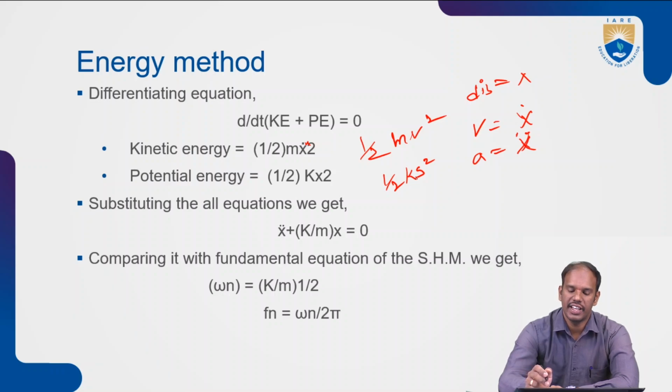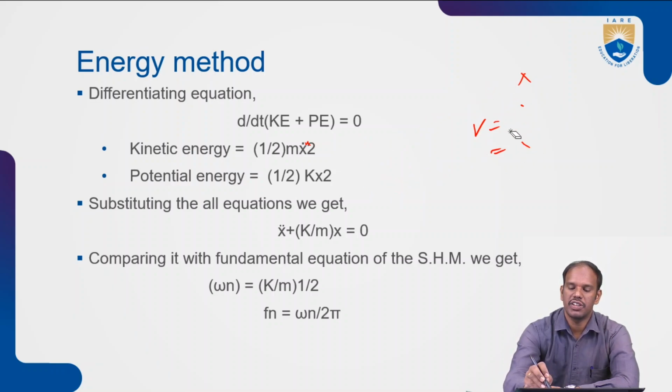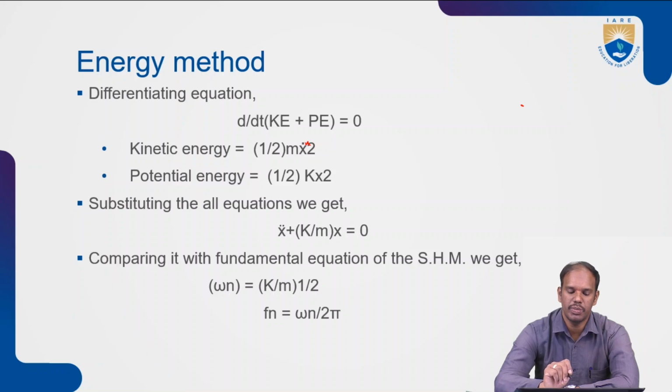So half k x square is the potential energy. Substituting all these into the previous equation, kinetic energy plus potential energy equals 0, we get x double dot plus k by m x equals 0.